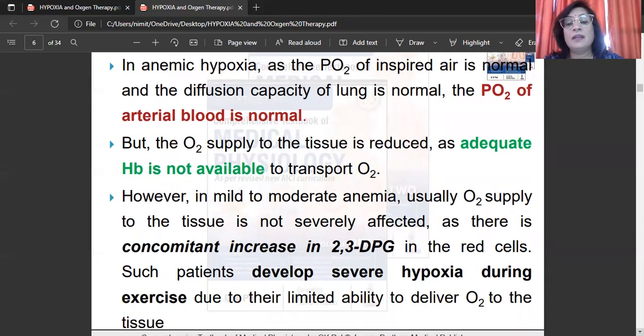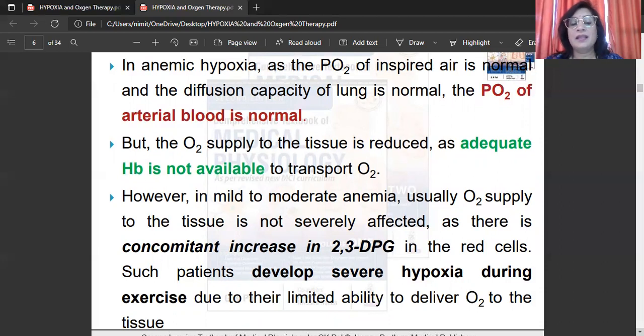So when in mild or moderate anemia there is an increase in 2,3 DPG in the red cells, such patients will develop severe hypoxia during exercise.